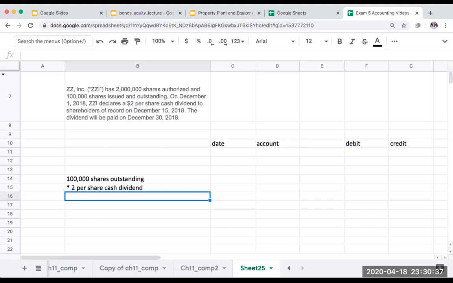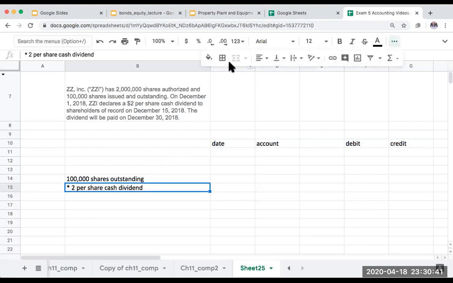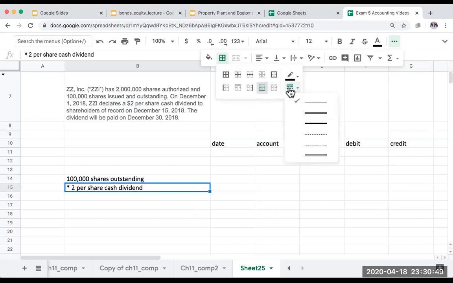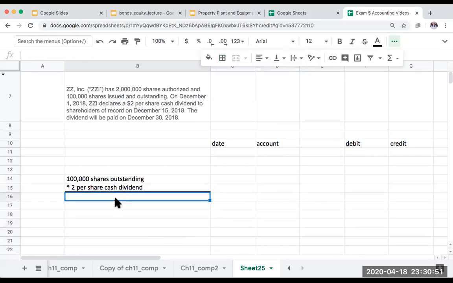So the total amount that we're going to be paying to our shareholders is 100,000 times $2 per share, or $200,000. This is the amount of cash that we're going to be paying to our shareholders.